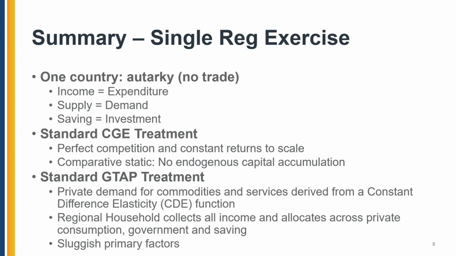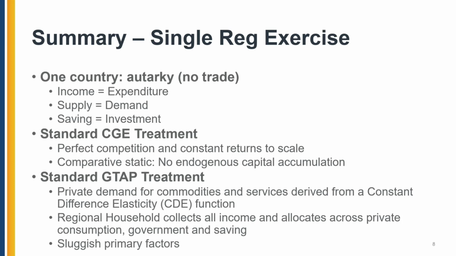So while those are standard for most CGE models, we would consider that a common thread, GTAP is a little different. And we have some standard assumptions. If you're looking at a GTAP flavor of a model, it probably includes private demands for goods and services using the CDE function. So there are lots of options for setting up the demands by households for goods purchases.